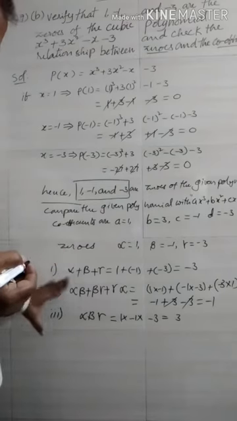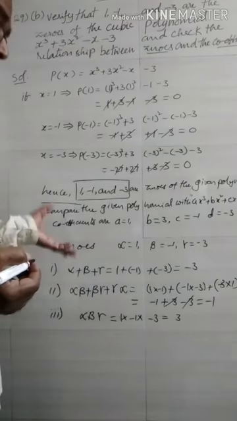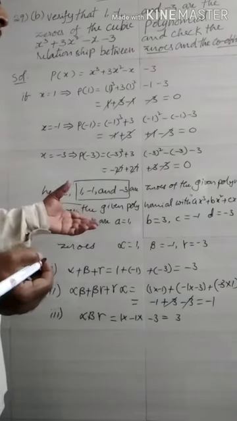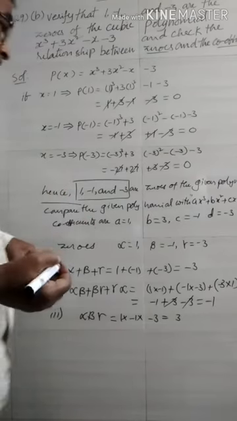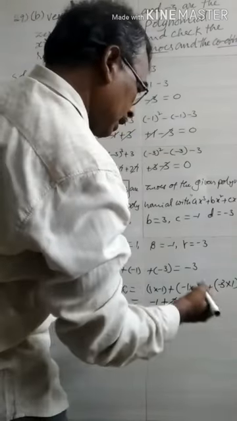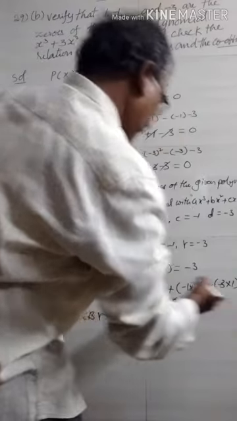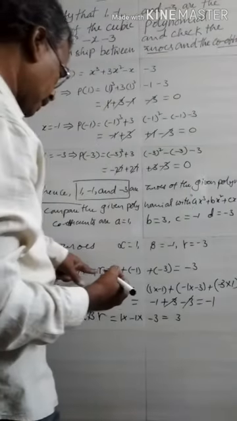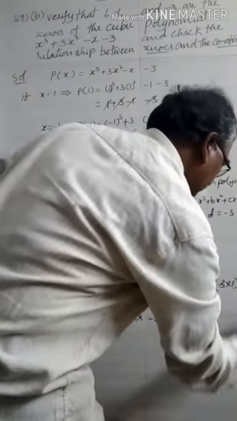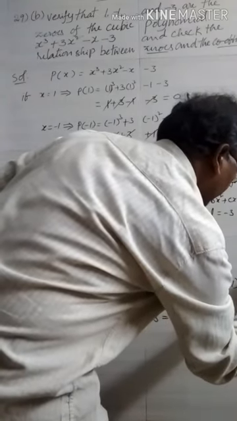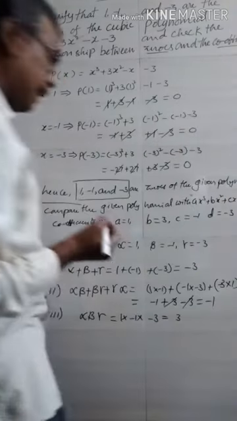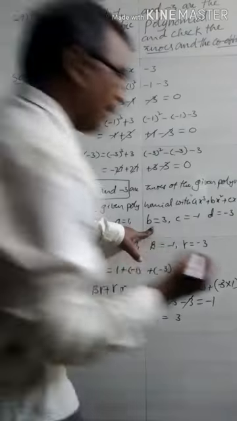These are the zeros. Then we need to check the relationship. We may move to minus b by a. We may find the minus b by a. What is minus b by a? Look there.